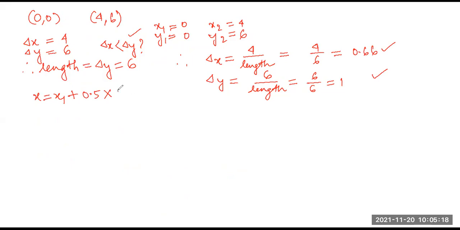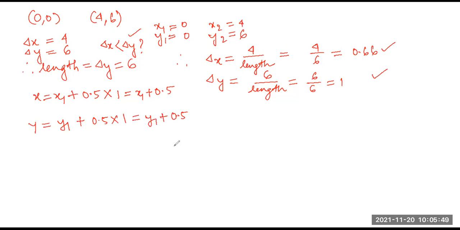So it is x1 plus 0.5. As simple as that. And similarly, your y will be y1 plus 0.5 into the sign of your del y. Again, your del y is a positive term. Simply y1 plus 0.5. So what is the x1, y1 where we started?